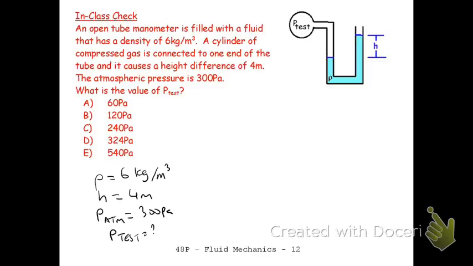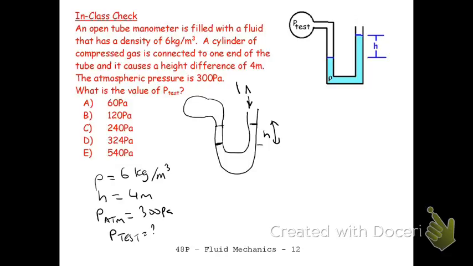So I'm going to say, well, okay, here's my P test. We'll do it like that. So there's my H, and here's my P ATM. It's my P test.